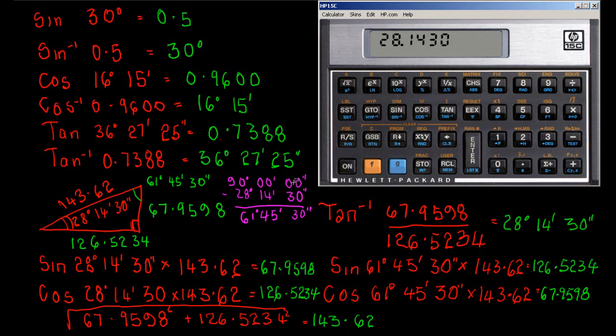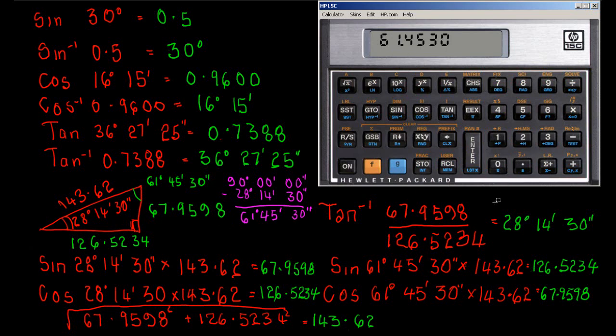We could, I've done that in my head there, but we could equally just do that here using the calculator, which you should use your head from time to time. So there's 90 degrees there, and then we would go 28.1430, but we would need to convert that to decimals of a degree to do this calculation, like so, and then we could take it away, and then we would have to convert this one back to that other format, HMS.